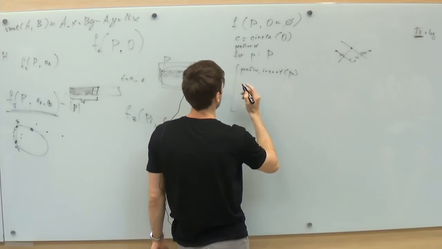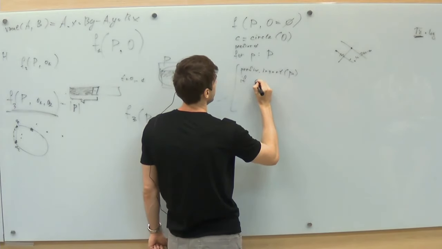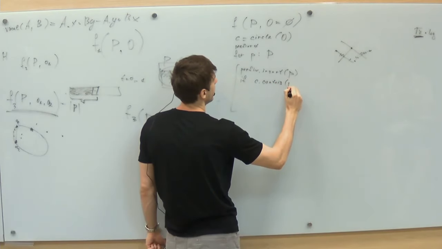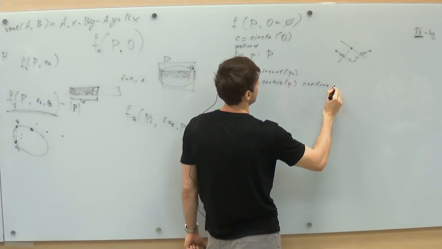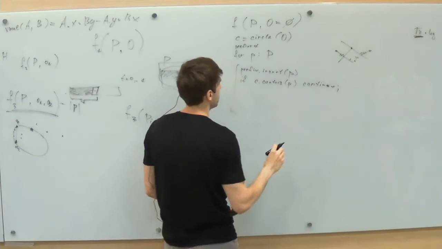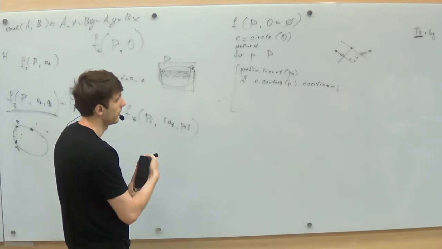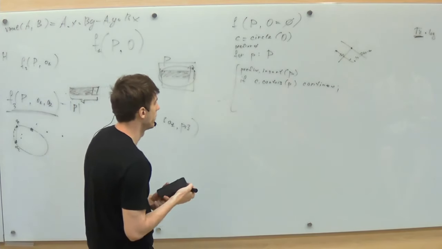Let me check: if C contains P, then just go on, everything is great. We have our optimal answer containing the next point, which means that it remains the optimal answer.